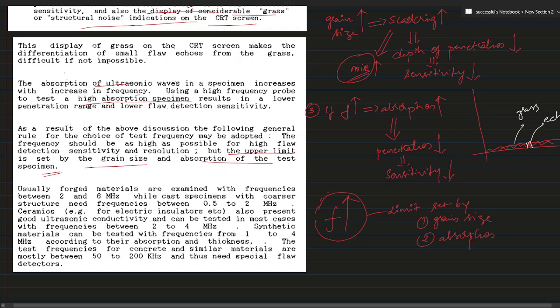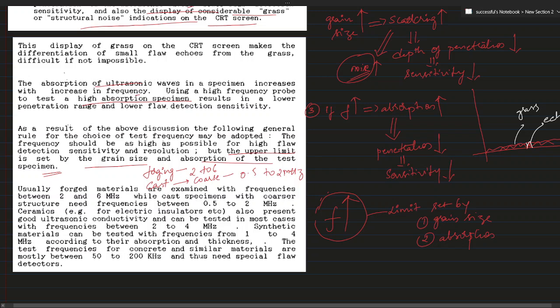Okay, usually forged materials are examined with frequencies between 2 to 6 megahertz, while cast specimens with a coarser structure need a lower frequency. If it is coarse grain, the frequency is 0.5 to 2 megahertz.